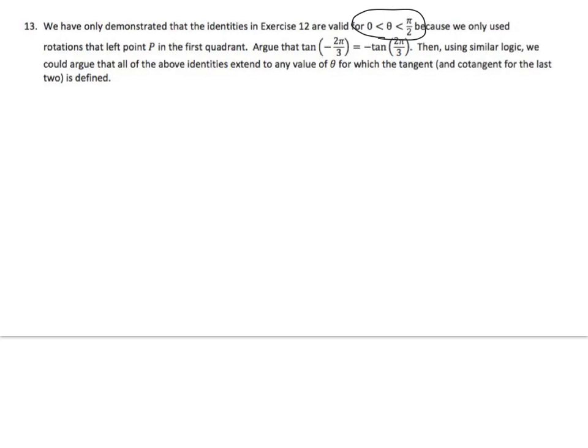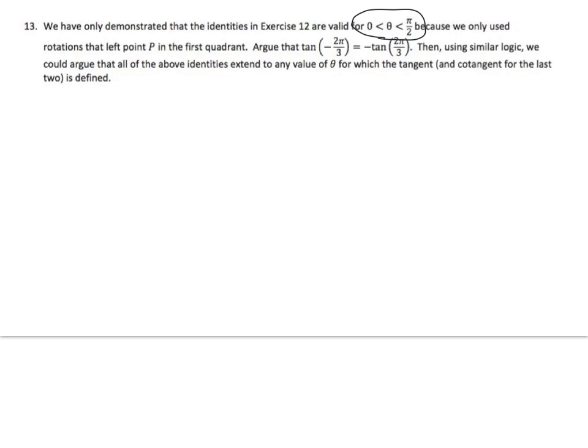Then, using similar logic, we could argue that all the identities in number 12 extend to any value of theta for which the tangent and the cotangent, for the last two, is defined.